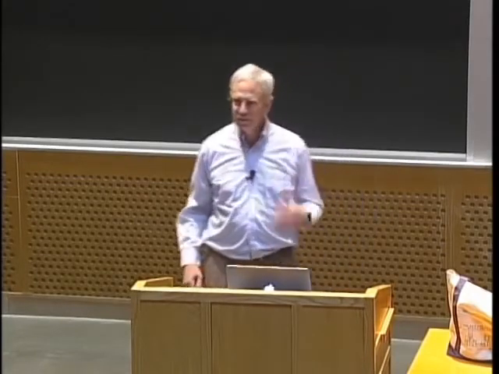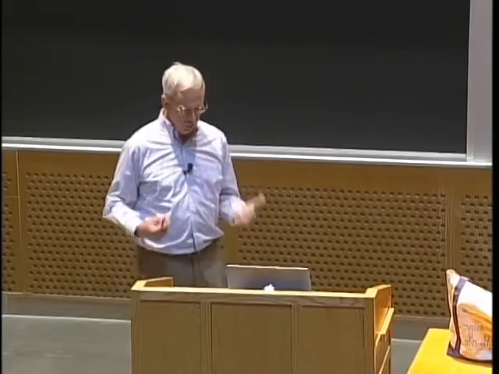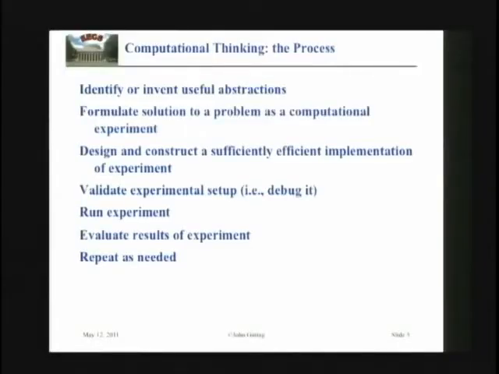The process, and this is what we've been doing all term, is not an easy one, but it's not an impossible one either. We begin by identifying and inventing useful abstractions. Everything we do is an abstraction of reality, and as we've gone through the second half of the term, almost every interesting computation we've designed starts with inventing classes that give us useful data abstraction, or functions that compute useful things.